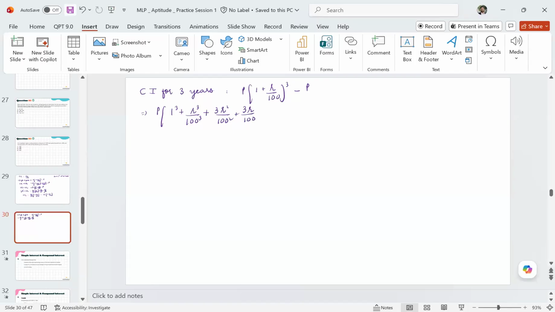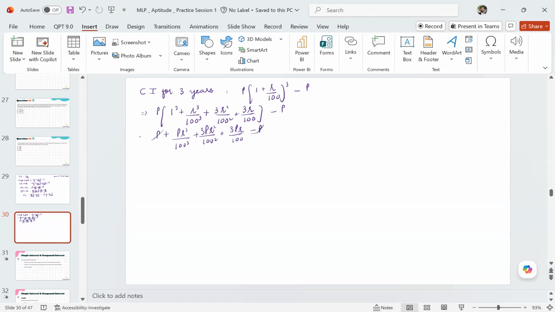This minus P. Okay? Again, I'm opening it. P plus PR cube upon 100 cube plus 3PR square upon 100 square plus 3PR upon 100 minus P.